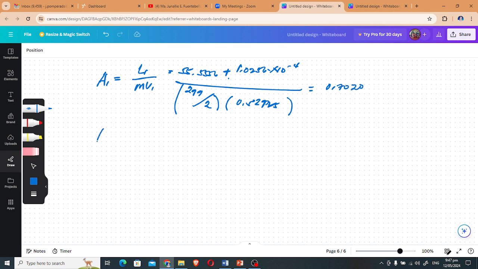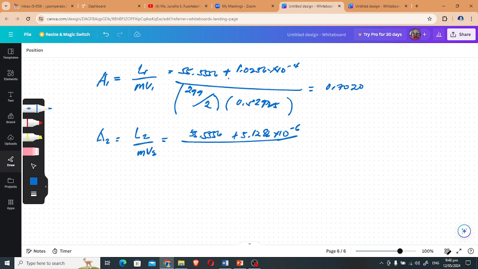Now in this case, you will have an A1 value of 0.7020. You do the same for A2, so you'll have L2 over M V2, so we can compare whether they really deviate much. The value is not really deviating much. In L2 you still have the 55.5556, this is for the water, plus 5.1282 times 10 raised to negative 6.